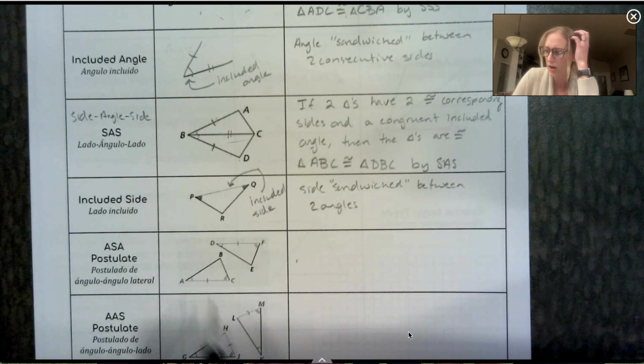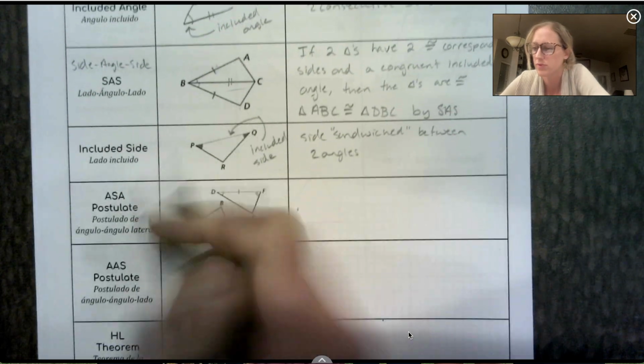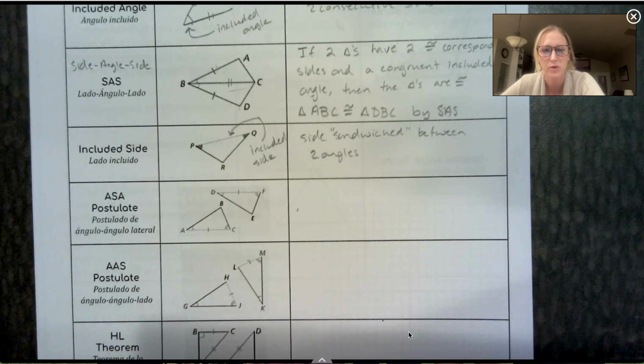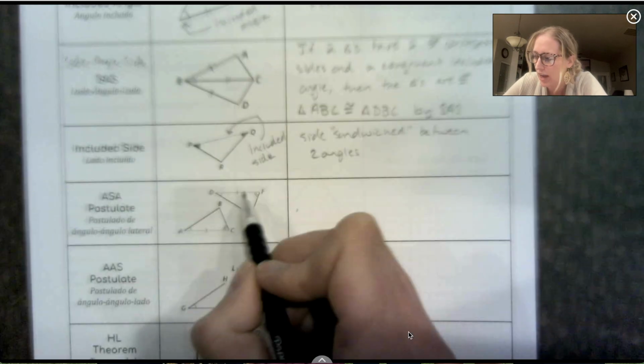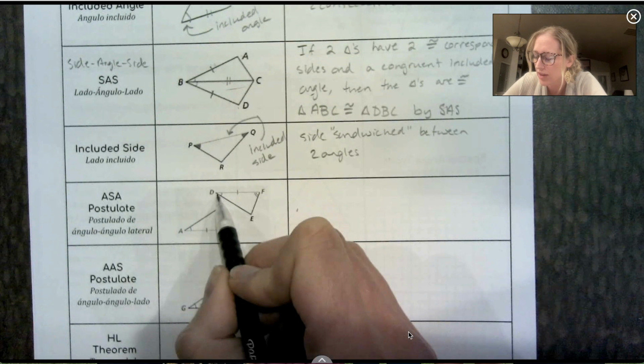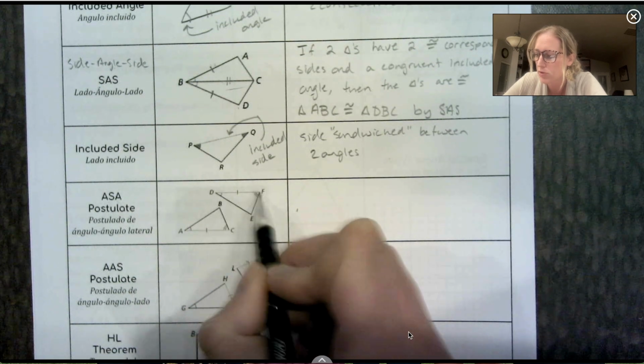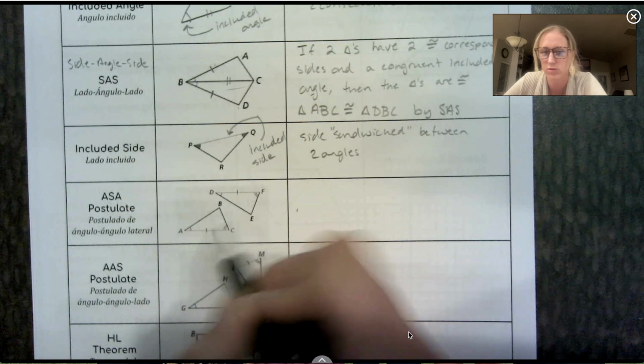Okay? All right, so we have angle, side, angle. So I have two angles I know are congruent and this included side. I know this angle is congruent to A, this angle is congruent to C. The side between those two angles is congruent to each other.